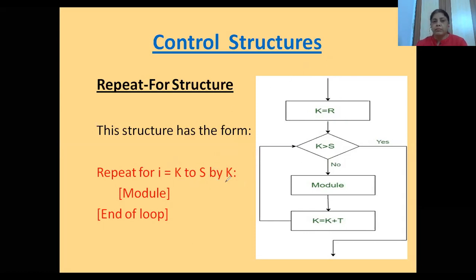But if your step is more than 1, if it is incremented by 2, or decremented, then you have to write here by 2 or by -1 like that. Understood? So this is the condition. In an algorithm you have to write like this: repeat for I is equals to 0 to 10 by 1, or the by 1 is optional if it is incremented by 1.